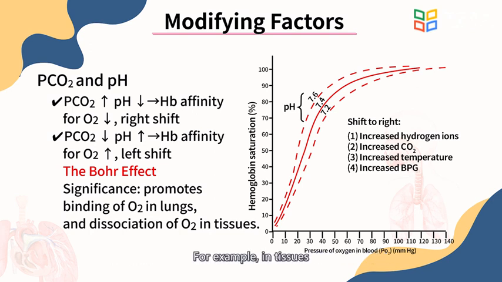For example, in tissues, consumption of O2 will produce more CO2 and help the dissociation of O2. In contrast, the pressure of CO2 in the lungs is lower, with a higher pH, facilitating the binding of O2 to hemoglobin, moving the dissociation curve to the left.